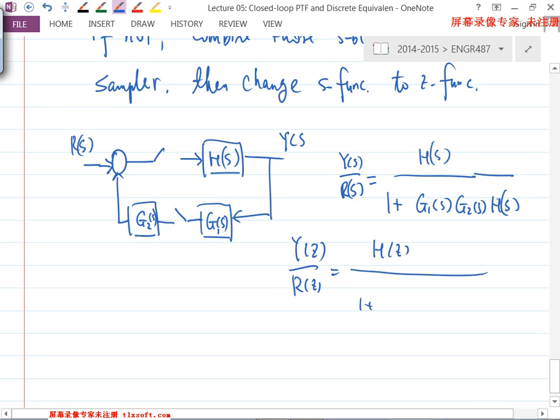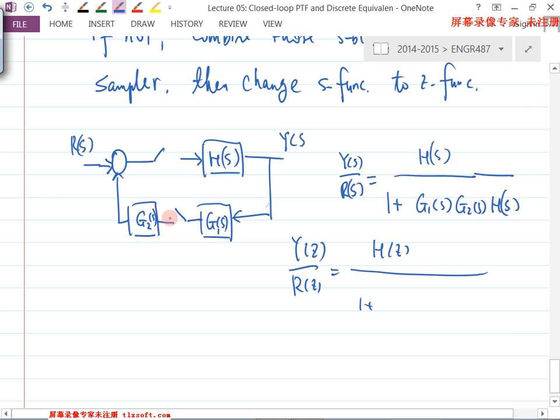According to the rule, G1 of S, G2 of S, H of S here. Between H of S and G1 of S, you combine them, right? Because there's no impulse sampler here. However, G2 of S stands out by itself because it's separated by this impulse sampler.